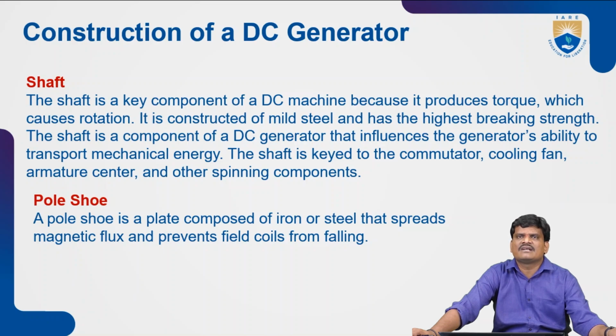The shaft is a component of a DC generator that influences the generator's ability to transport mechanical energy. And the shaft is key to the commutator segments, cooling fan, armature center, and also the other spinning or rotating components present in a DC generator.